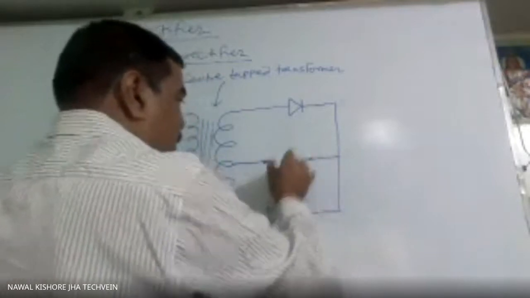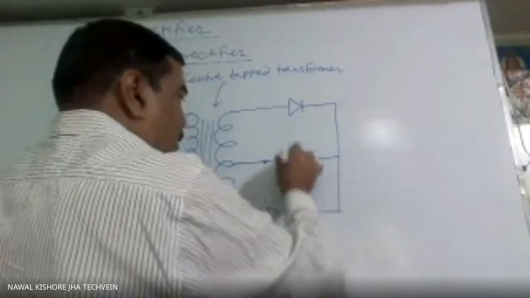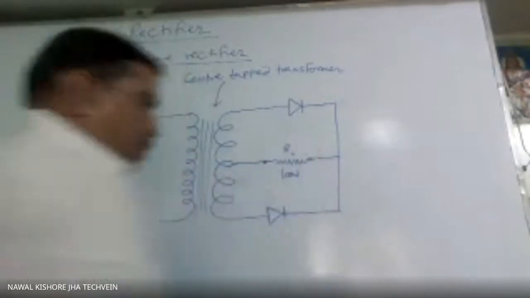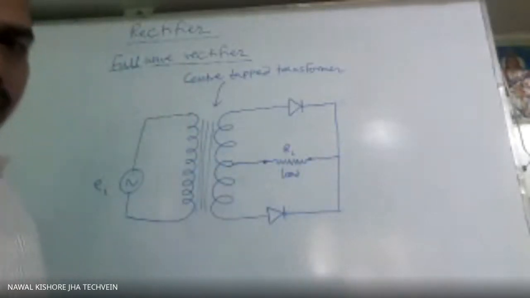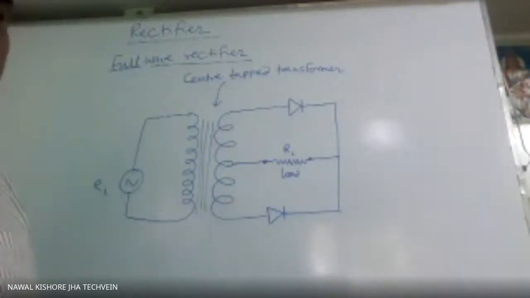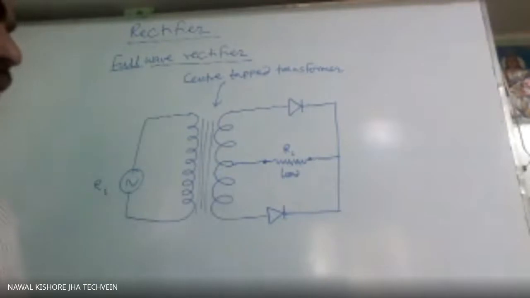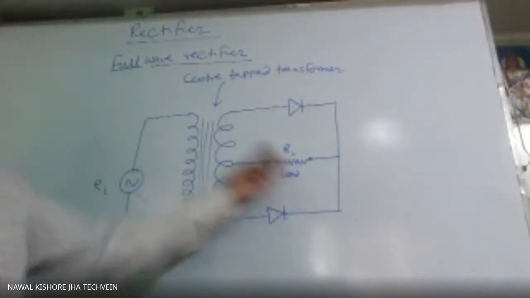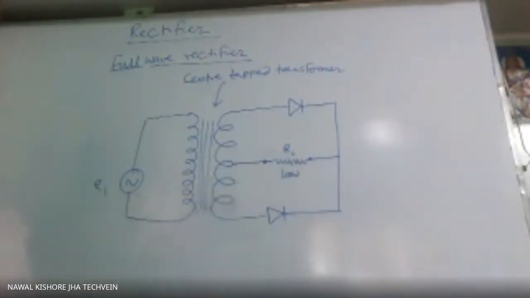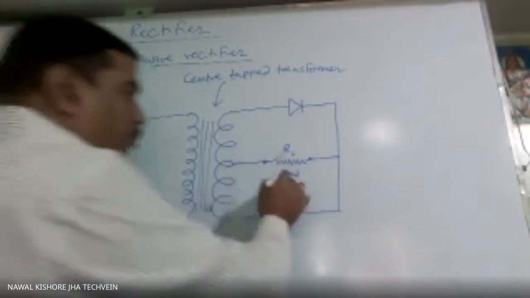So here is the load. That is whatever appliance we want, that is connected here. So output will be between these 2 terminals. Here will be the output voltage.